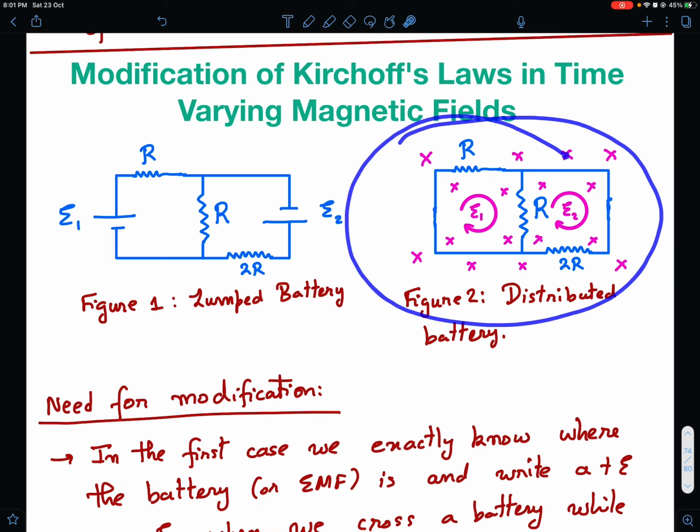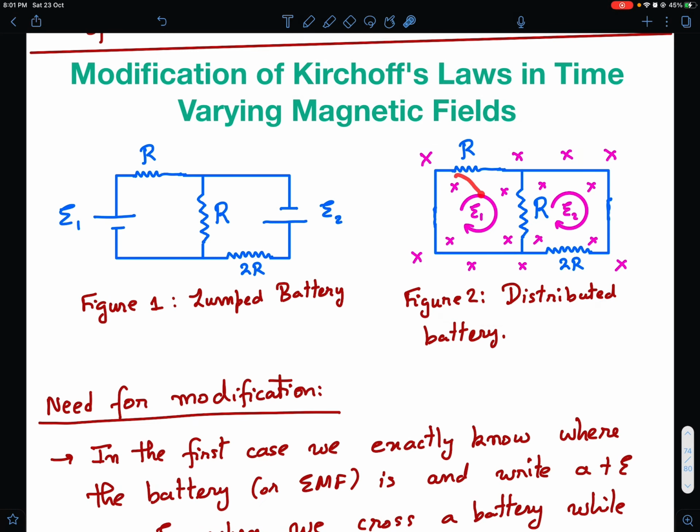Whereas here, it's a region of time varying magnetic field. In the entire region, there is some magnetic field, let us say, and it is varying with time, maybe reducing with time. So you have an induced EMF in this sense. So you know the EMF in the loop as a whole, but you may not know what the EMF is in this branch, or in this branch.